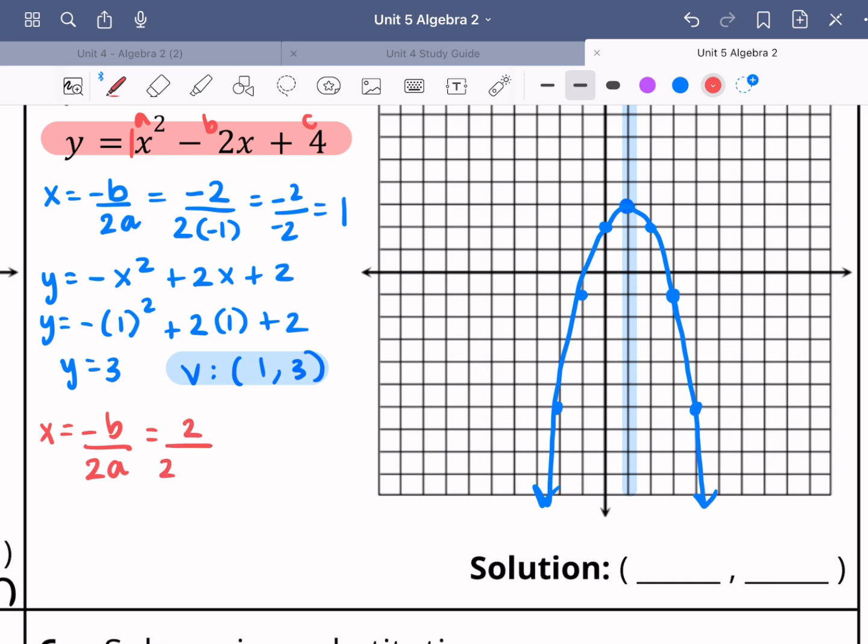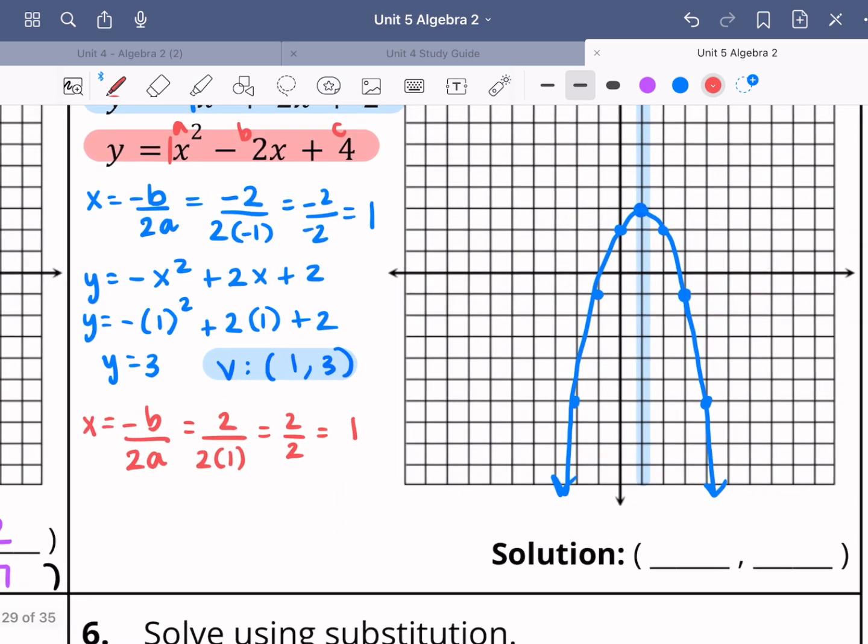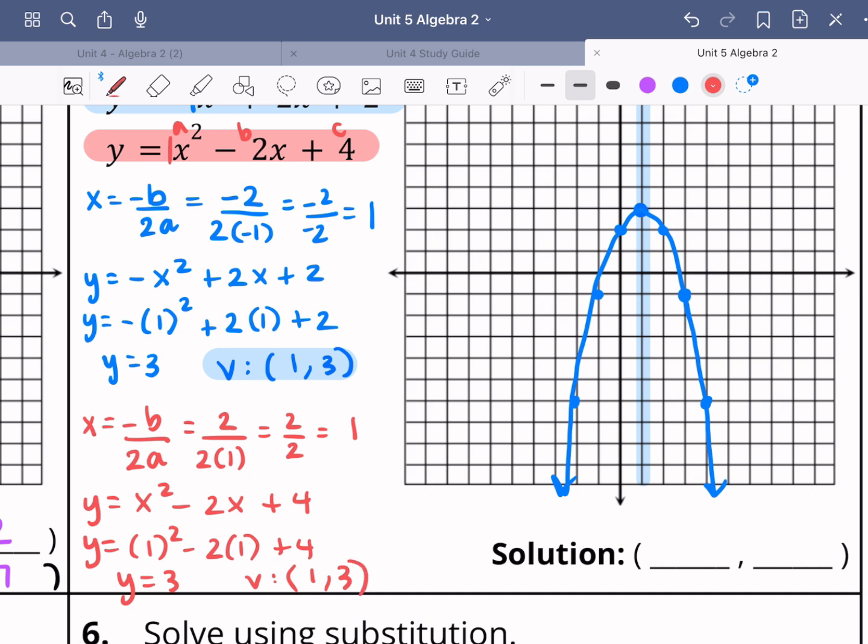And then a is just 1. So we have 2 times 1 in the bottom. So we have 2 over 2, which is just 1. Plugging this back in, we just have x squared minus 2x plus 4. So my vertex is at 1, 3 for this parabola as well.